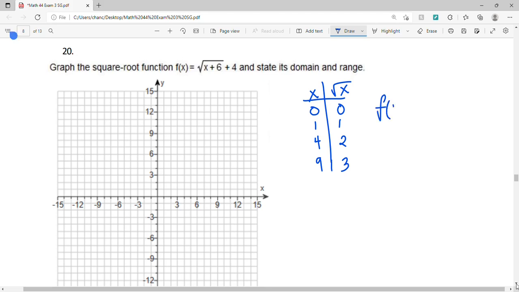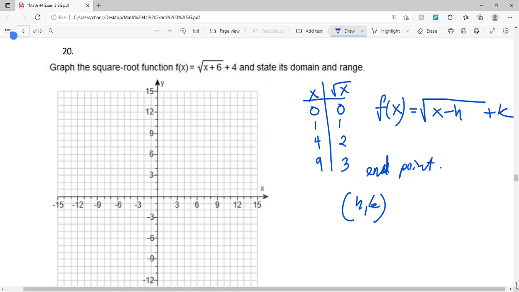Recall the vertex form for a square root function is the square root of x minus h plus k. The square root function doesn't really have a vertex. It actually has an endpoint, so we'll call it an endpoint. And the endpoint h comma k here is negative 6, positive 4. Let's graph negative 6, positive 4.